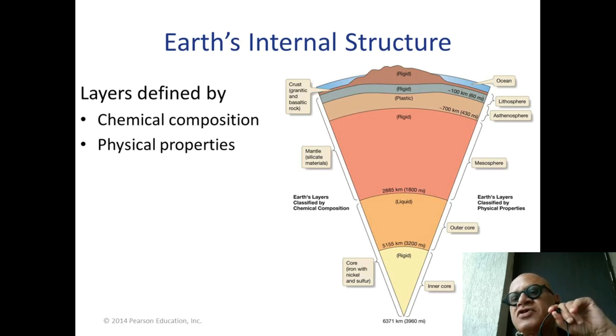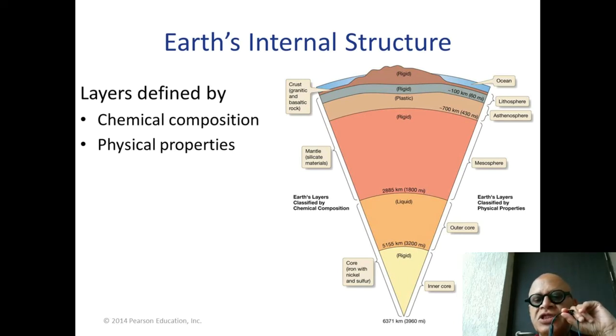The lithosphere goes down to about 100 kilometers, and the asthenosphere goes down to 700 kilometers. Below that you have the mesosphere, which goes down to 2,885 kilometers, and you have the outer core, which is the liquid part of the core, and you have the inner core, which is the solid, rigid part of the core with iron and nickel.